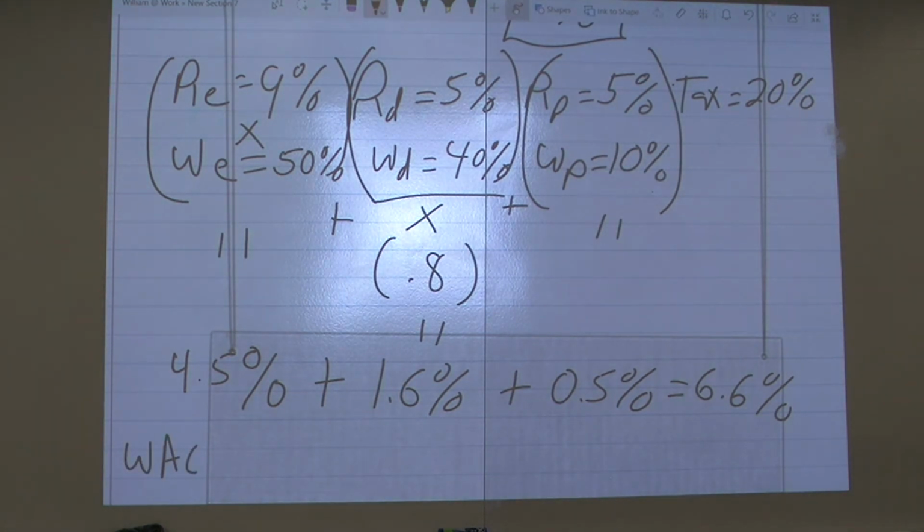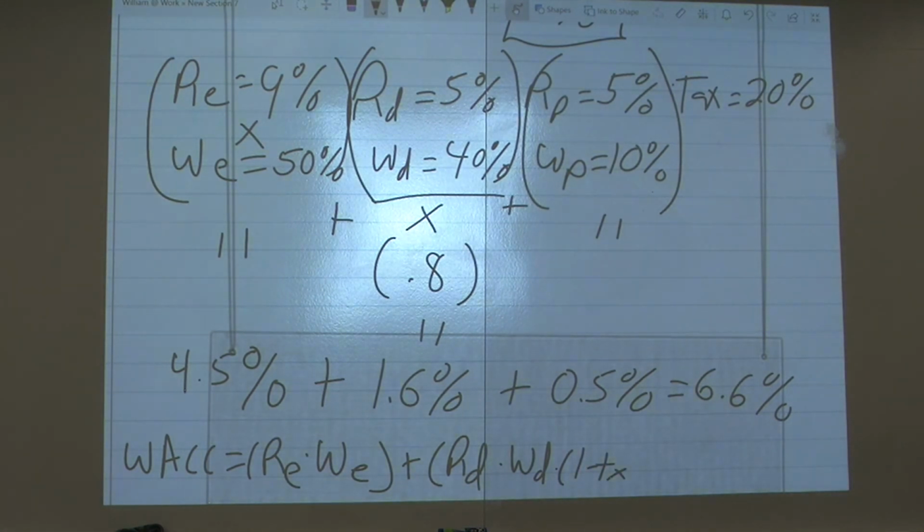Weighted average cost of capital equals cost of equity times weight of equity plus cost of debt times weight of debt times 1 minus tax rate, plus weight of preferred times cost of preferred. So that is our weighted average cost of capital.